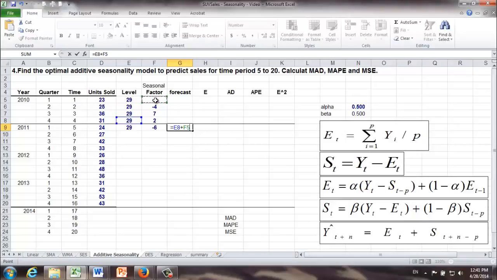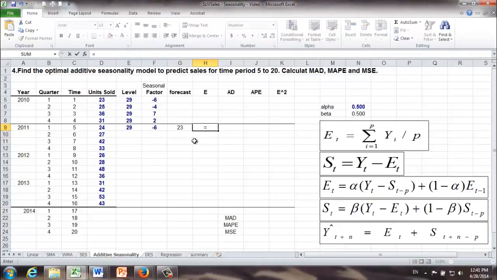So the most similar quarter would be quarter 1 of year 2010. And that's why we're going to use the seasonal factor coming from exactly a year ago. So the forecast would be level of time period 4 plus seasonal factor of time period 1. Return. We get the forecast would be 23.